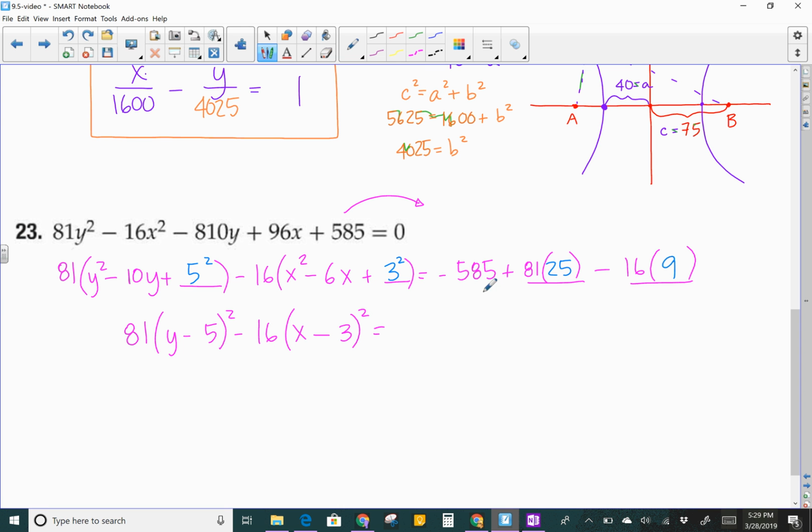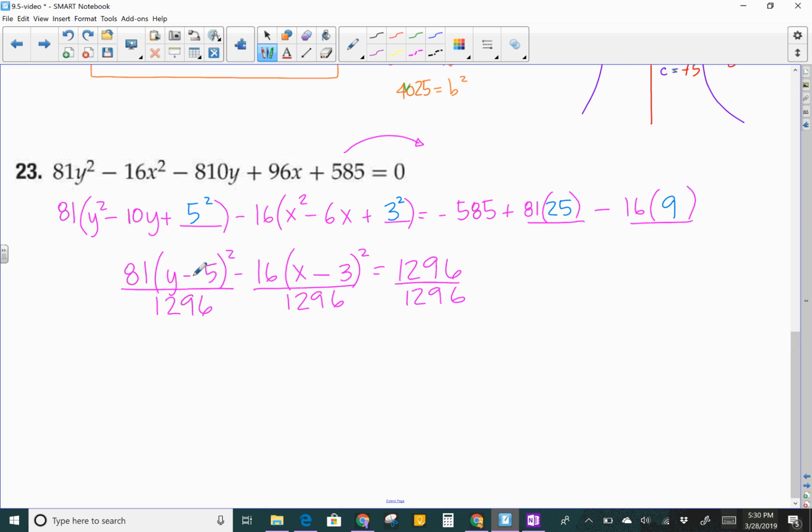And when I simplify this, I get 1296. To put it in standard form, I have to set it equal to 1. So I'm dividing everything by 1296. And you probably could figure out that 81 times 16 is 1296. But if you didn't, you will soon enough. So y minus 5 squared over 16 minus x minus 3 squared over 81 equals 1.